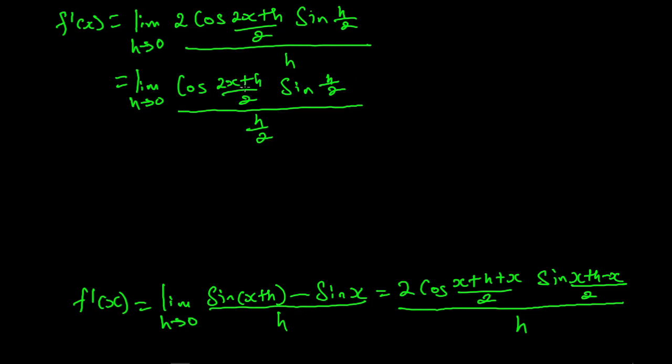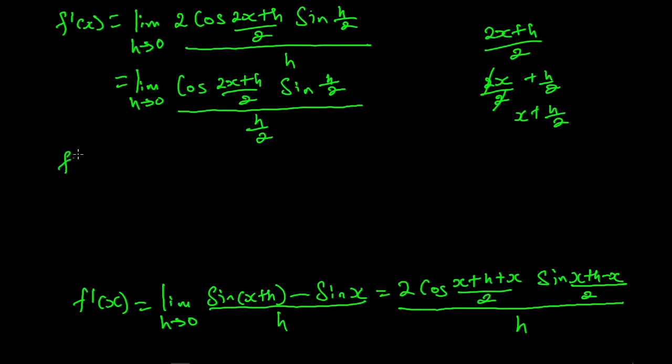If we bring this out here, we have 2x plus h over 2. By separation, we are going to have 2x over 2 plus h over 2. So this will cancel this and we'll be left with x plus h over 2. So we can safely replace this with this.